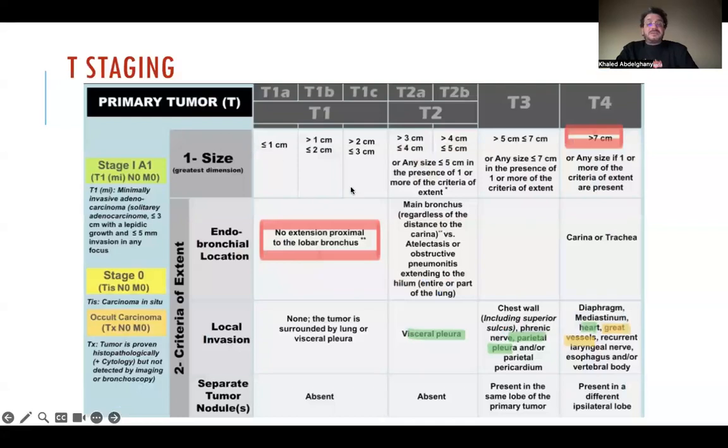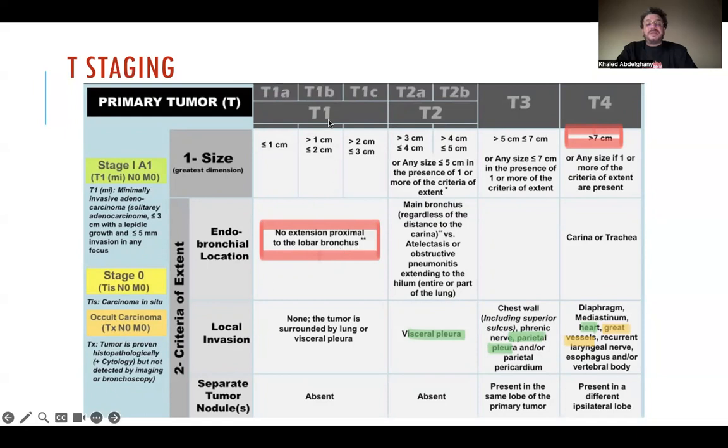Let us go to this table. According to size, our case is more than 7 centimeters, so it is located in T4 staging. No endobronchial extension, no extension proximally from the lobar bronchus into a main bronchus.